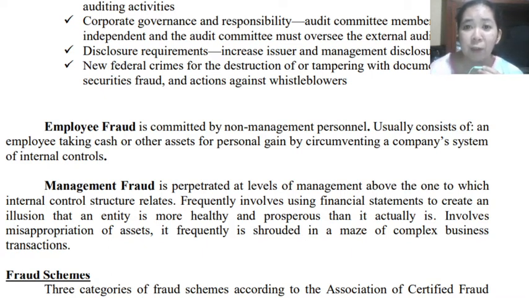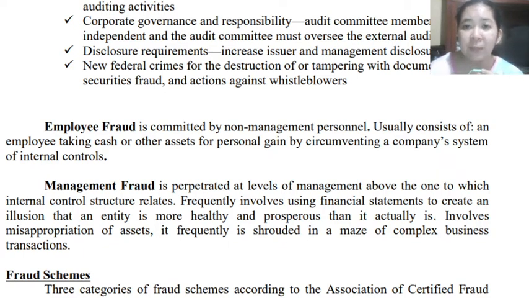While management fraud, on the other hand, is perpetrated at levels of management above the one to which the internal control structure relates. Frequently, this involves using financial statements to create an illusion that an entity is more healthy and prosperous than it actually is. Okay, the purpose of this is to gain more funds from the investors. This also involves misappropriation of assets and frequently is shrouded in a maze of complex business transactions.